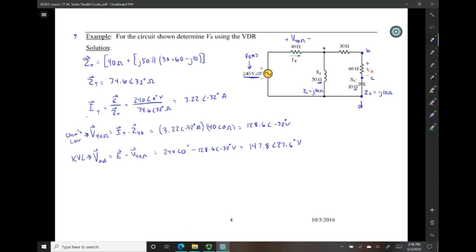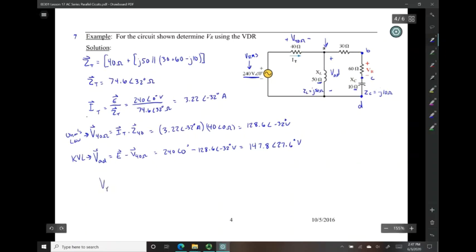Alright, so, like I said, that's the voltage drop from this point, node A to node D. And also the voltage drop across these three series elements: the 30 ohm resistor, 60 ohm resistor, and the 10 ohm capacitor.